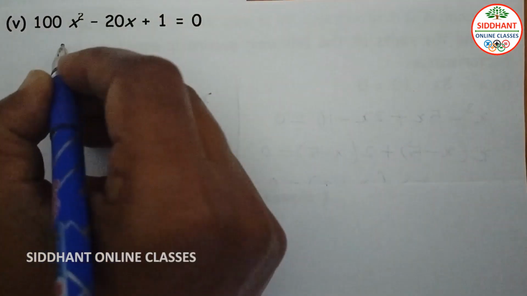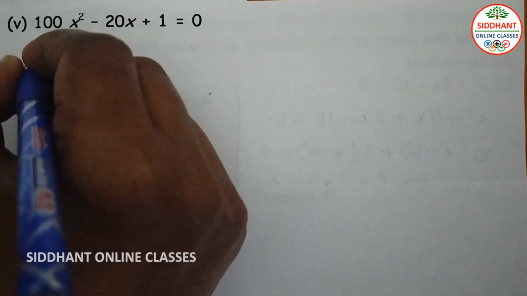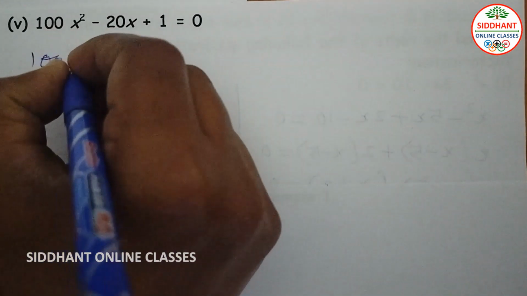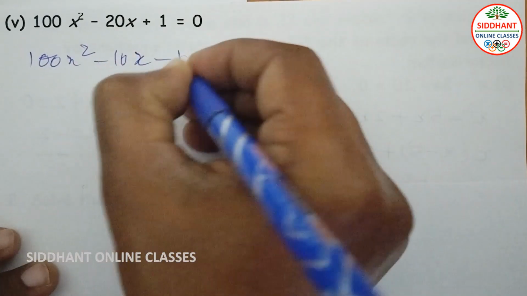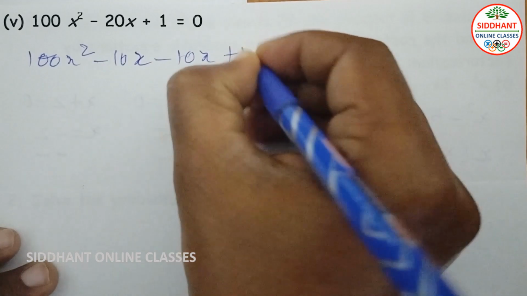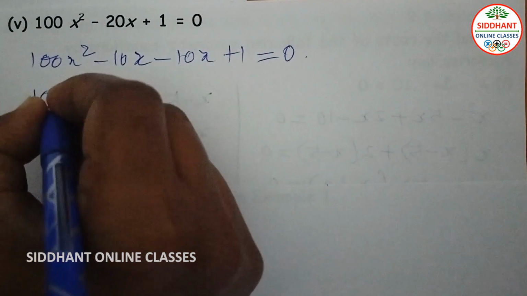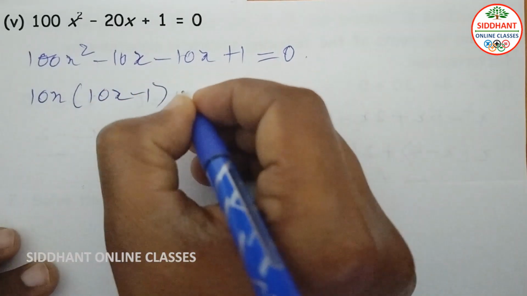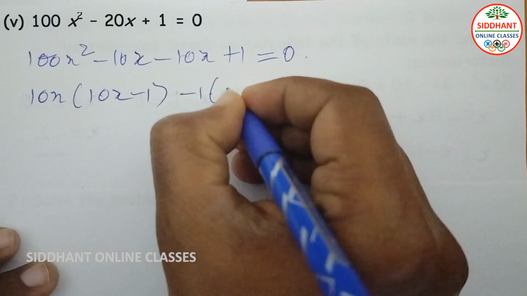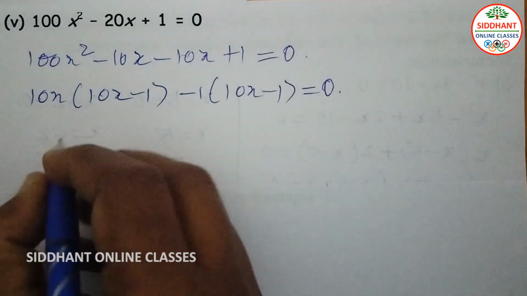Next, fifth one, 100x square minus 20x plus 1 equal to 0. So here taking 100x square minus 10x minus 10x plus 1 equal to 0. So 10x we are going to take common here, 10x minus 1, and here minus 1 we take common, which is 10x minus 1 equal to 0.